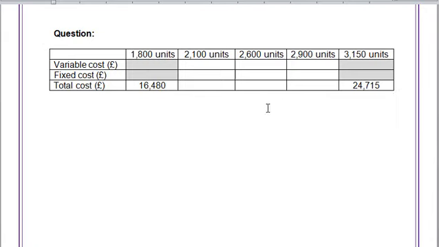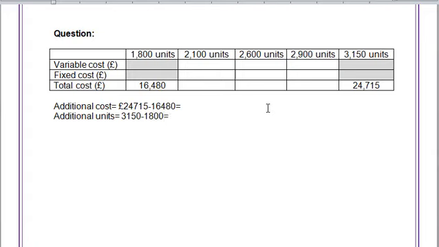It means that the additional cost that we have incurred, which is 24,715 minus 16,480, has led me to having additional units, with which I can then calculate my variable cost per unit.